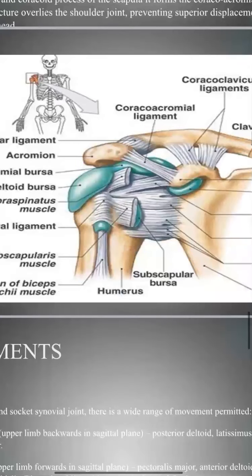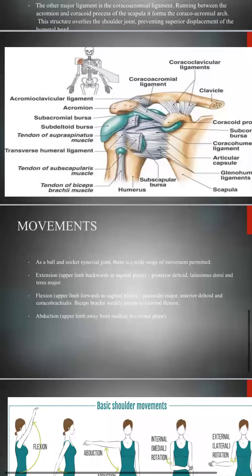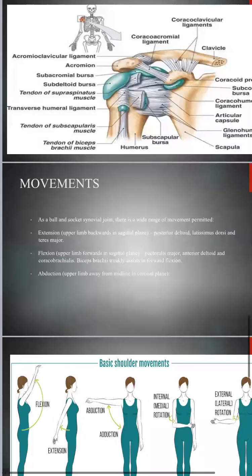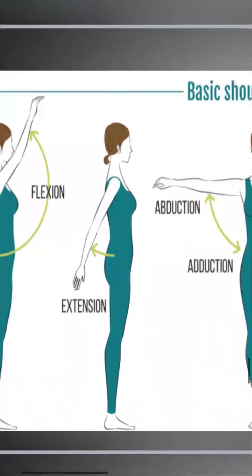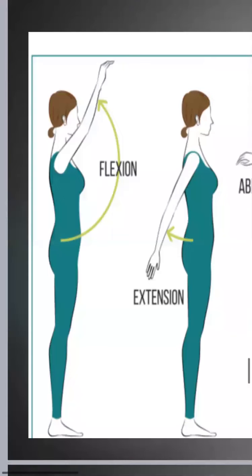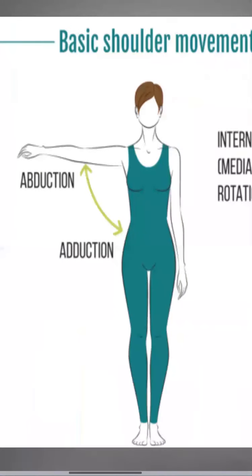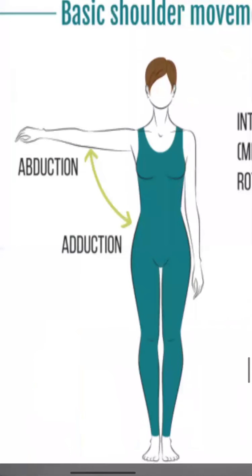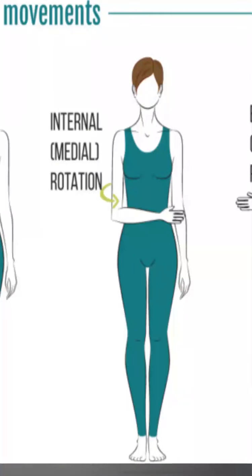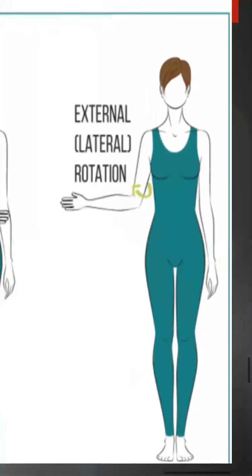Next, movements. The shoulder joint is a ball and socket joint. Each and every ball and socket joint will have a wide range of movements. The basic movements are flexion, extension, abduction and adduction, internal rotation, also called medial rotation, and lateral or external rotation.